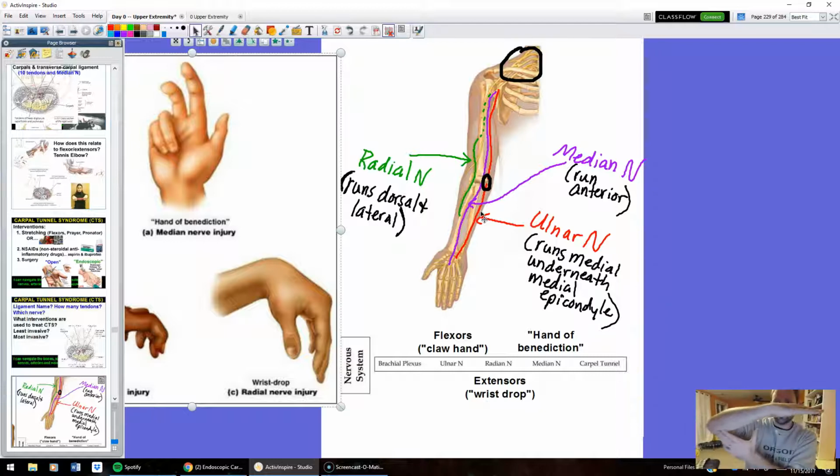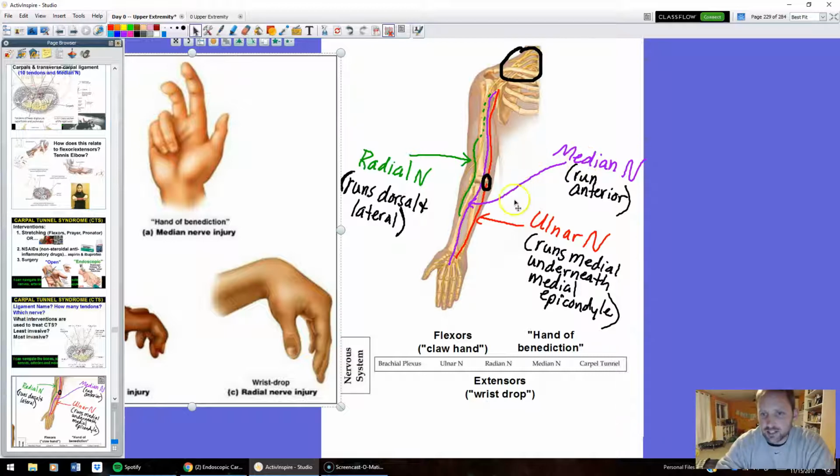If you don't have your flexors functional, then your hand goes back into this motion, which produces claw hand. So claw hand results from ulnar nerve issues because you need these flexors in the front to be able to control your hand into this neutral position. So you disable the flexors, and you go back up into claw hand.